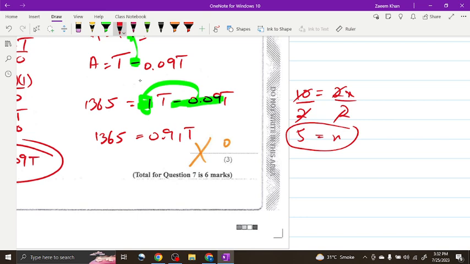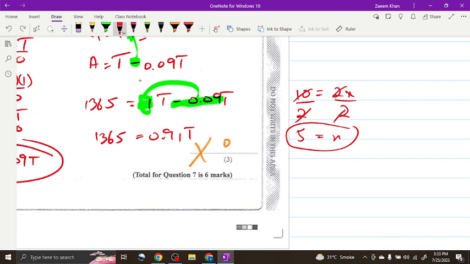So you're right there. You're almost there. You just need to isolate this variable t. So what do you divide both sides with? 1,365 doesn't have a variable next to it. You're supposed to isolate the variable.